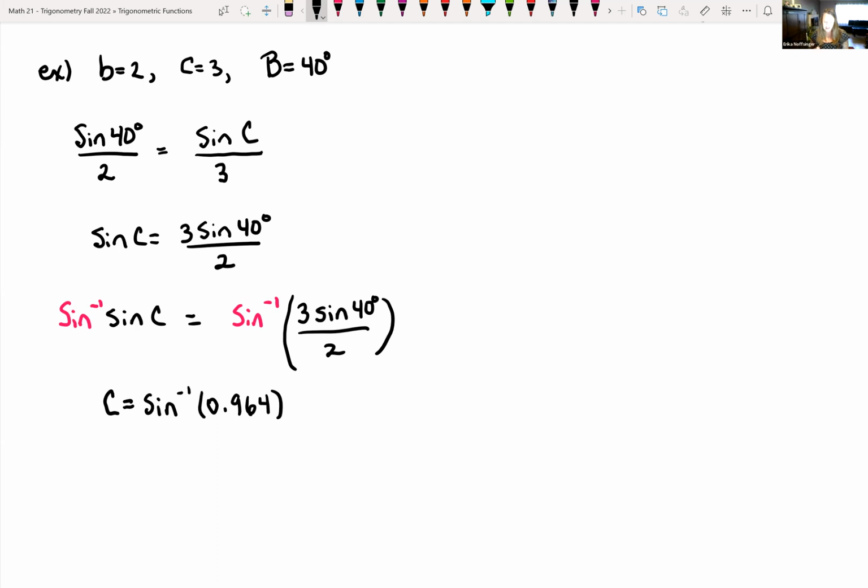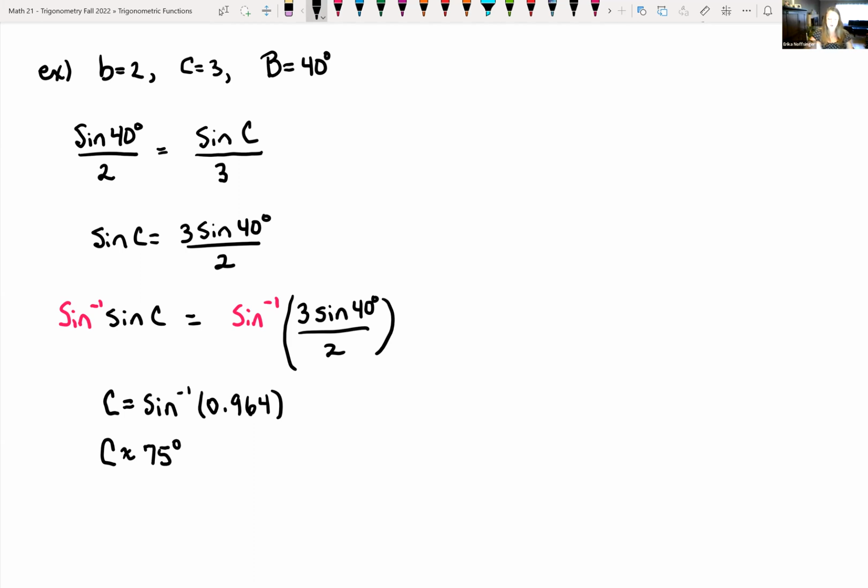And so doing that, I get approximately 74.6. I'm going to round to the nearest degree. So rounding that to the nearest degree, I get that my angle C is approximately 75 degrees.